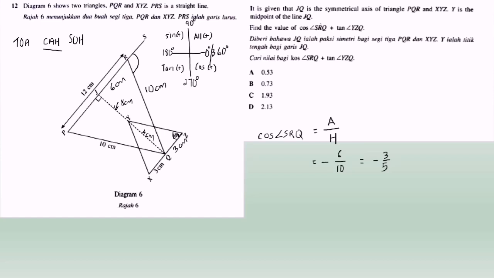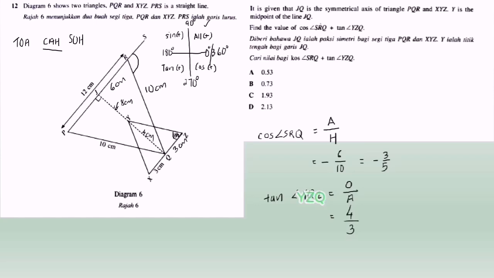Okay, so tangent angle YZQ equals opposite over adjacent. Opposite is 4 cm over the adjacent 3 cm. Because the angle is less than 90 degree, so it falls in the first quadrant, so all positive.